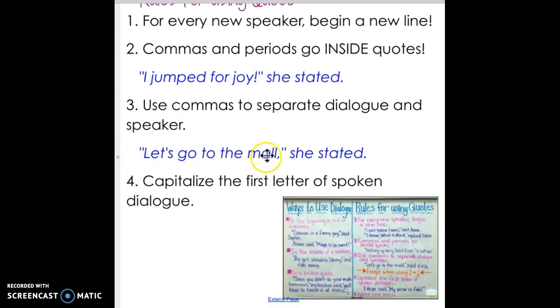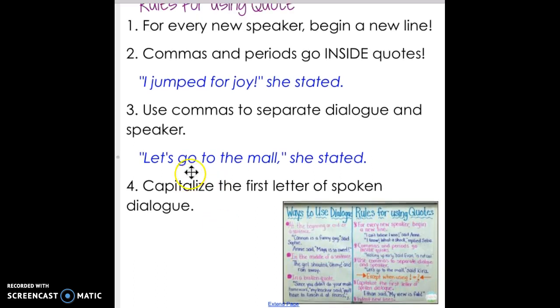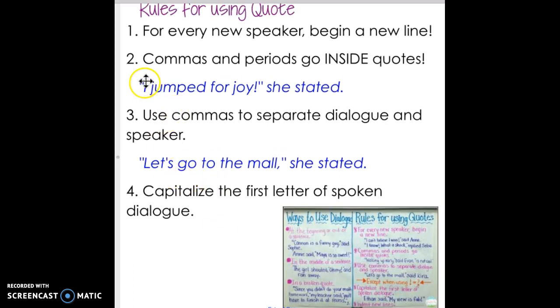"Let's go to the mall," she stated. So there's a comma right here, and there's a period at the end of the sentence. Okay? And then every time you start a new set of dialogue, you're going to capitalize the first letter of the spoken dialogue. So if you look at these examples, I is capitalized and L is capitalized, okay?